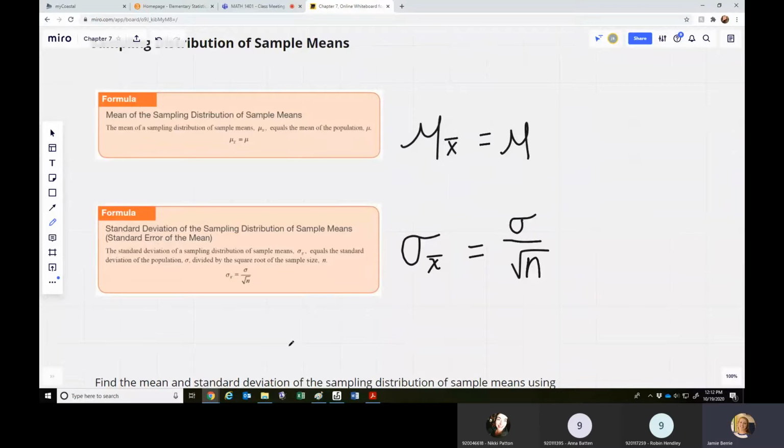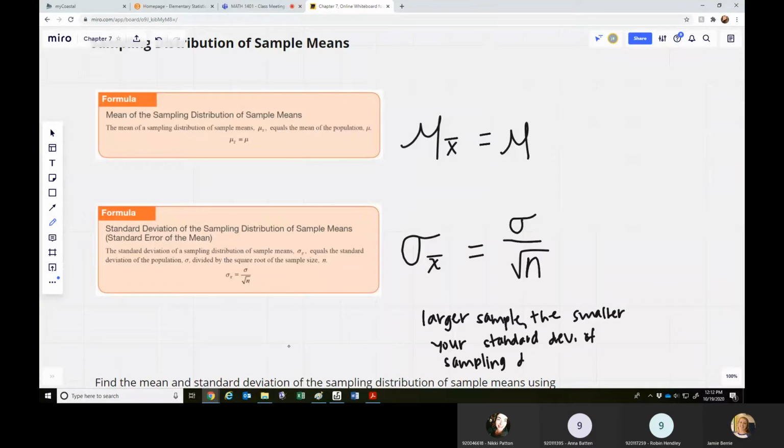So the larger your sample is, the smaller your standard deviation of sampling distribution will be. So I abbreviated in a couple spots there.